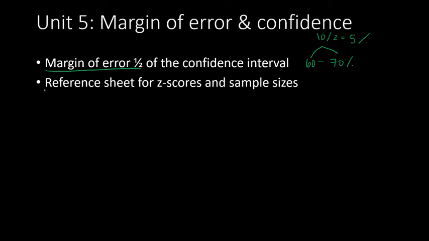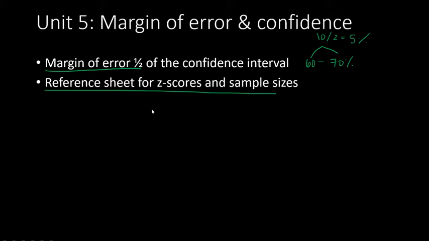Now they'll also give you resources such as the reference sheet for z-scores and sample sizes. Anytime that you're offered some sort of resource to click on, I absolutely recommend that you use it. Those resources are there to make your life easier, okay?